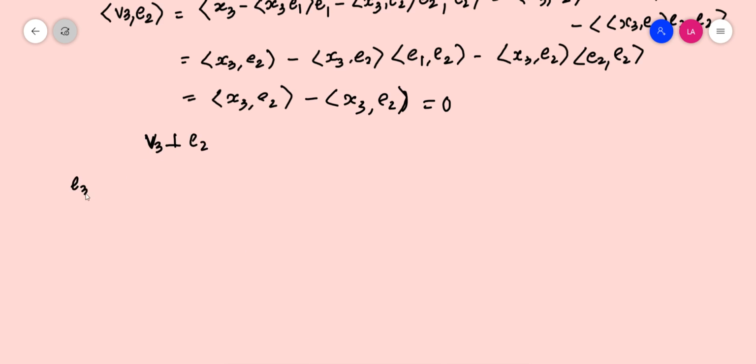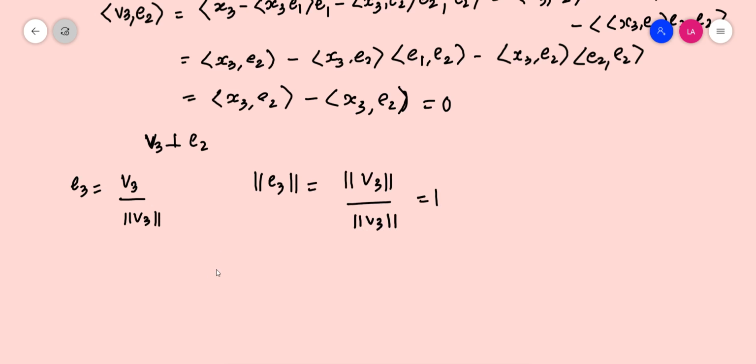Now using V3 we can define E3, which is defined as V3 divided by norm V3. And also norm E3 should be equal to norm V3 divided by norm V3, which is equal to 1.